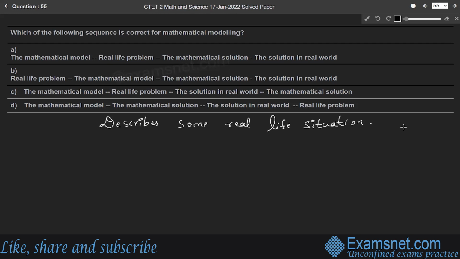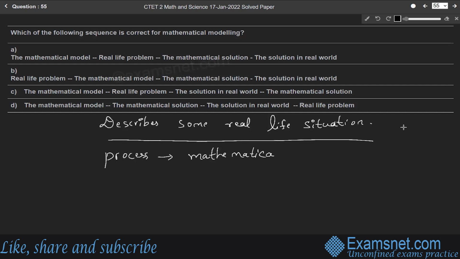The process of constructing mathematical models is known as mathematical modeling. So the process of constructing mathematical models is called mathematical modeling.